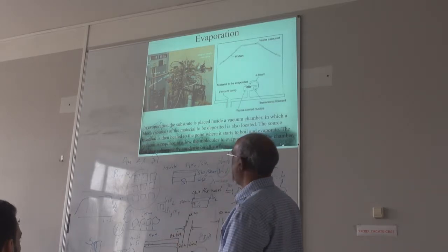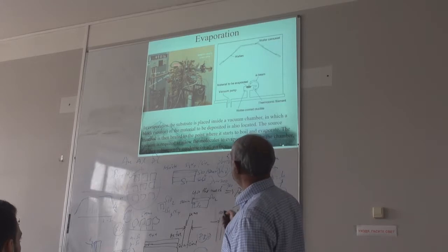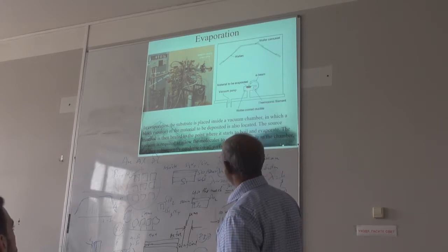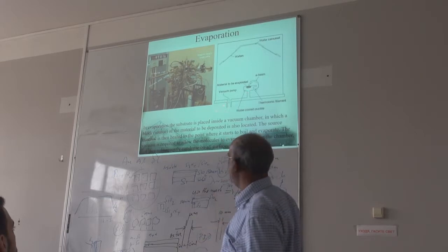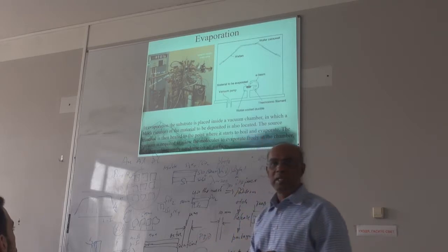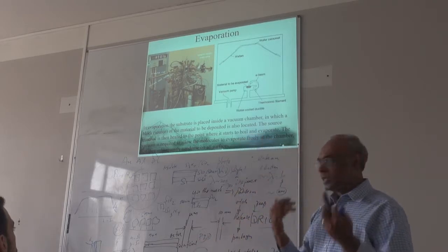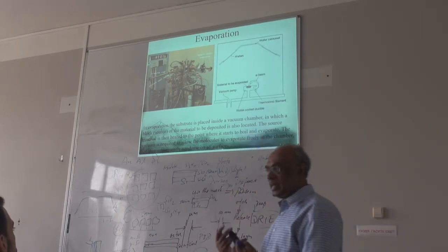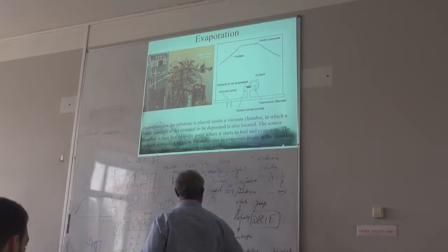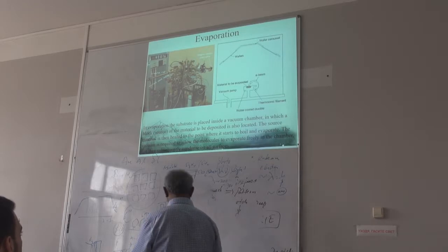Metal deposition basically uses a very high vacuum system, and you just evaporate metal. For students who are not familiar, metal evaporation can be done by resistive heating, by passing a current, but it has to be in a very high vacuum.